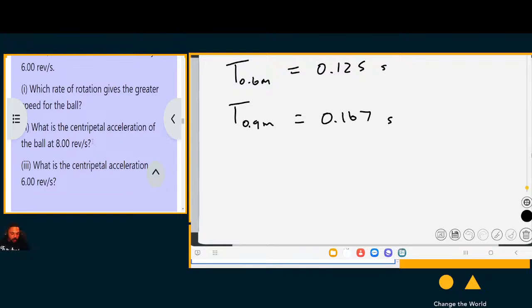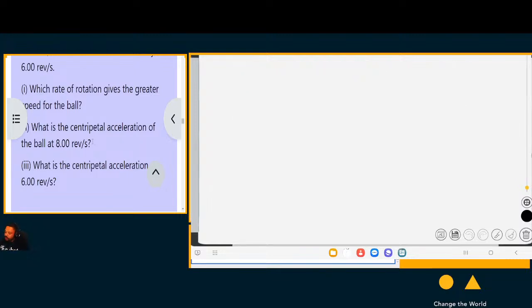As a side note, we will need that later on. Now back to what we want. Which rate of rotation, meaning they want a speed. And we've already determined it's 2 pi r, which is the distance, divided by the time.